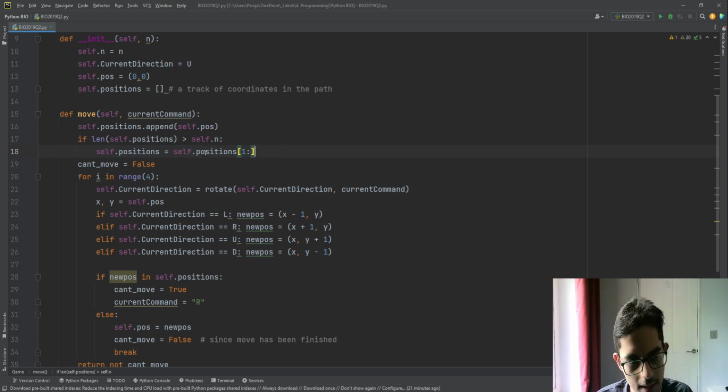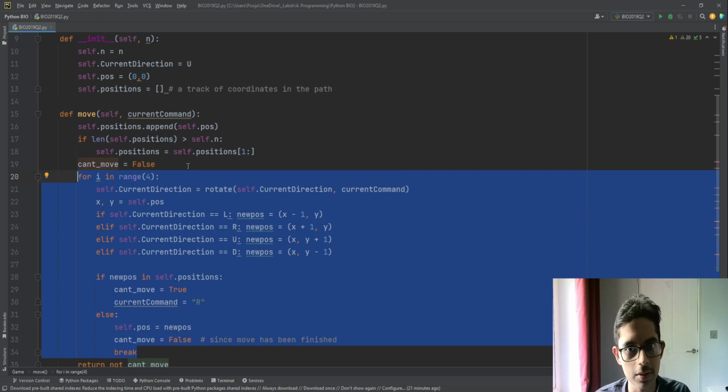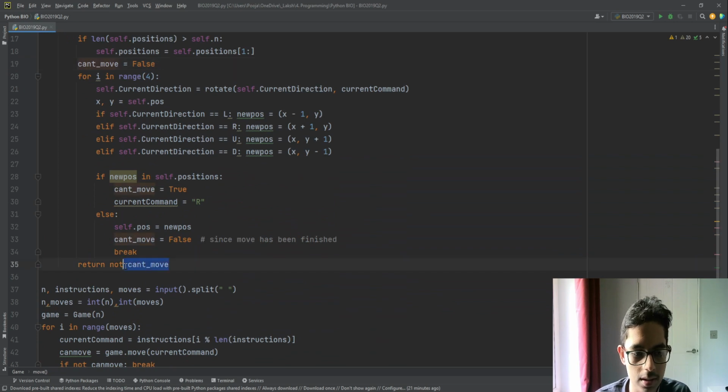And then what we do is we set this cant_move variable to false. So this cant_move acts as a flag variable, indicating whether the move has been finished or not. And then if the move has not been finished, after checking each possible direction which the person can move, then we basically return that.